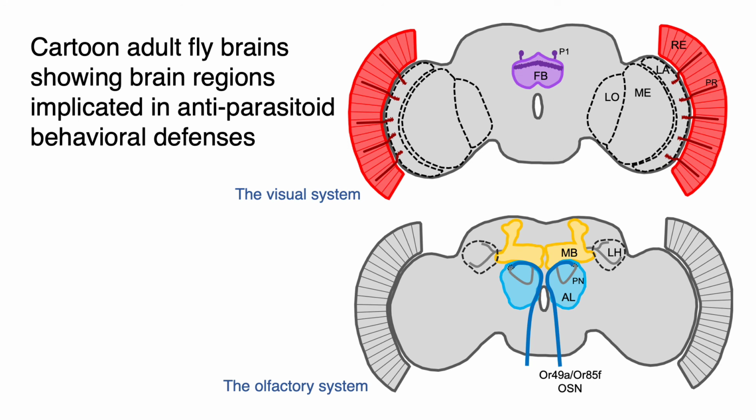Okay, so what have researchers found out about the mechanisms underlying fly anti-parasitoid behaviors? What I'm showing you here are cartoons of the adult fly brain, and the colored regions show regions that we know are involved in particular anti-parasitoid behaviors.